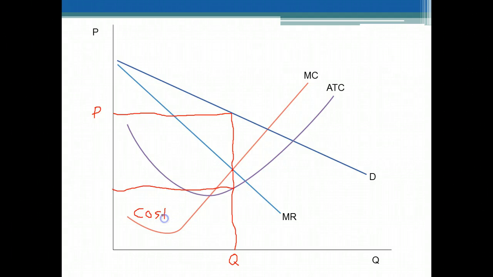And because my total costs are less than my total revenue, I can call this area here my profit. What we know then is that monopolists will operate at a profit in the long run, and that they will be producing less than we would have in perfect competition, and they'll be producing at a higher price.